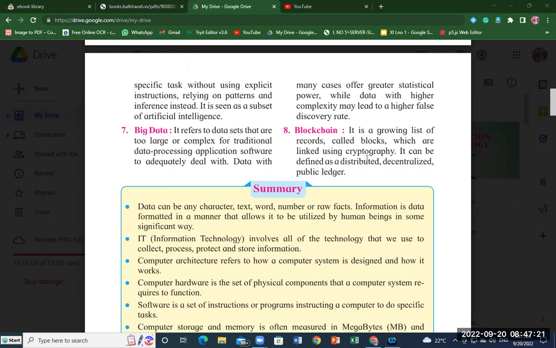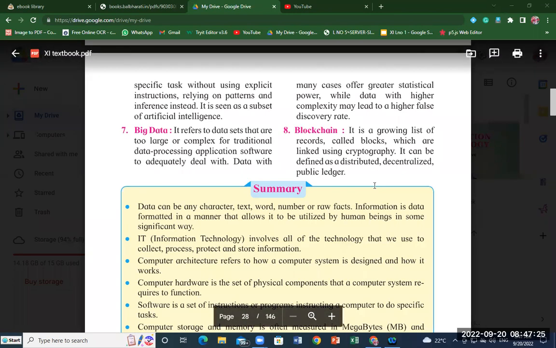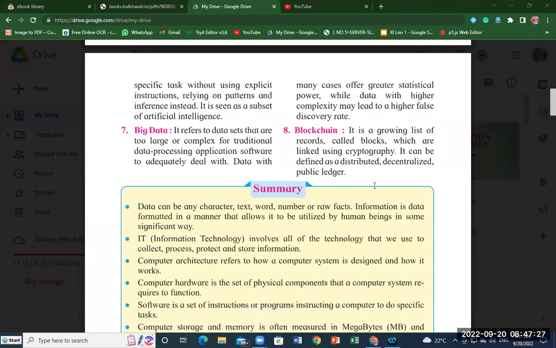It can be defined as a distributed, decentralized, and public ledger. There are certain records which are called blocks, and the blocks are in a chain, as the name suggests, blockchain. So it's a chain of blocks which is kept for certain things.